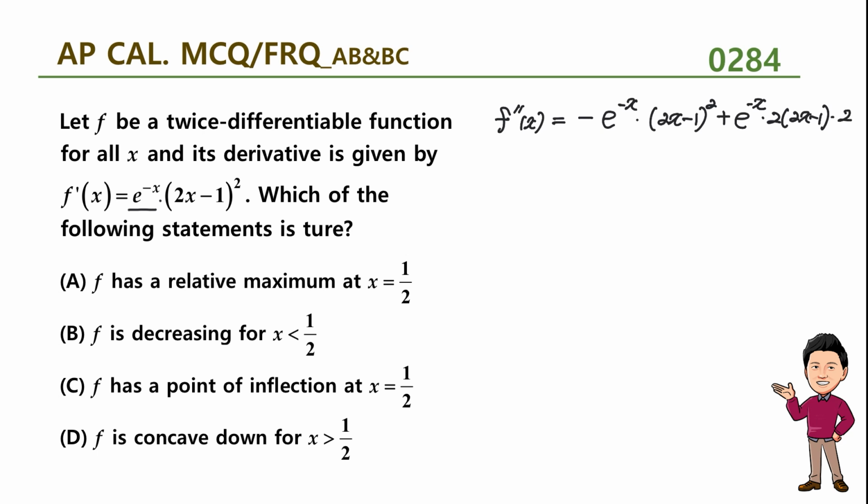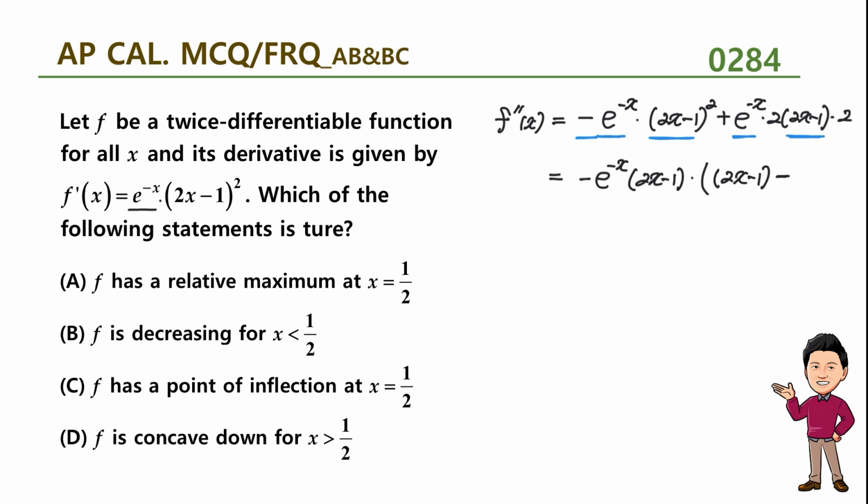So f double prime is equal to, here we have the same factors, e to the negative x and 2x minus 1, right? With this negative, I'm going to factor out negative e to the negative x times (2x minus 1), and inside here we have (2x minus 1) squared, so we must have one more (2x minus 1), minus, since we took out a minus here.